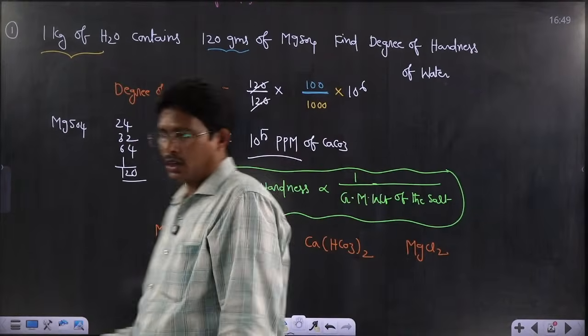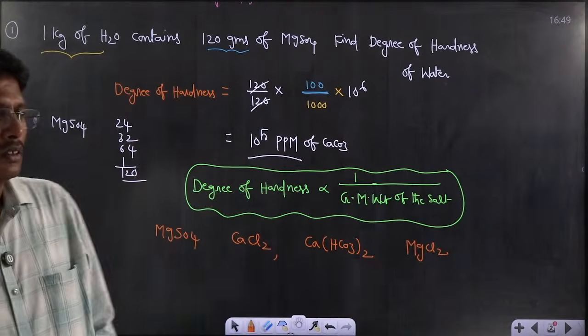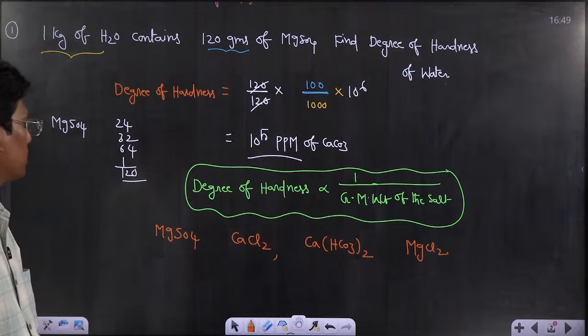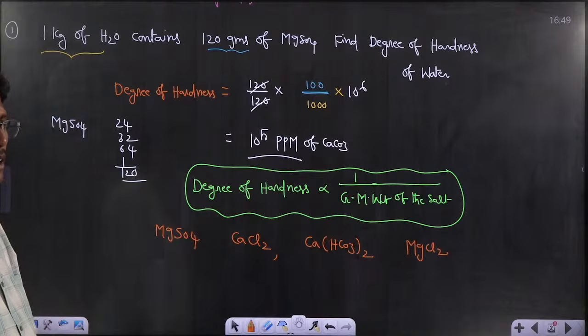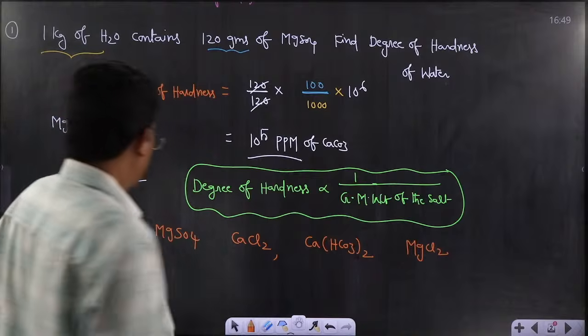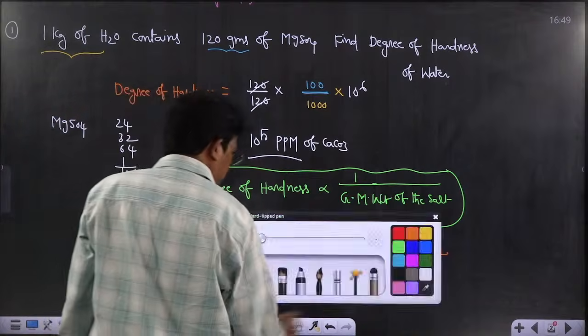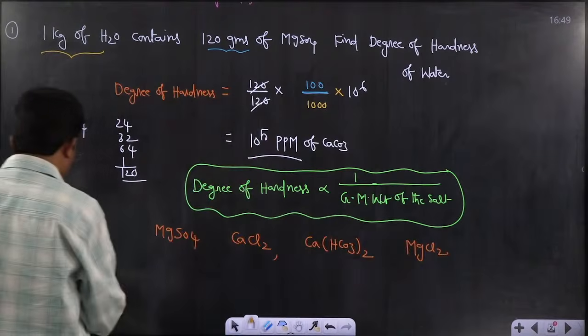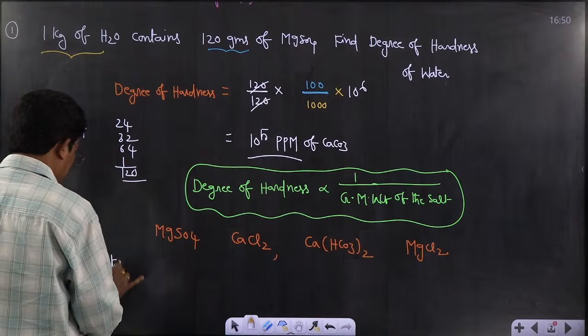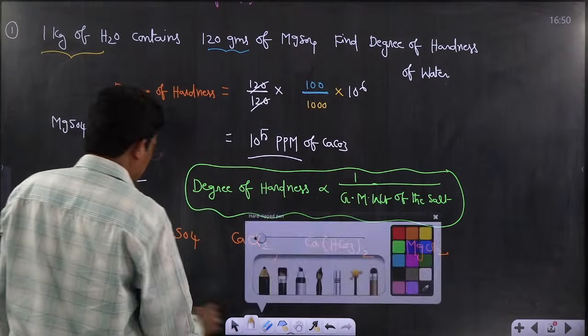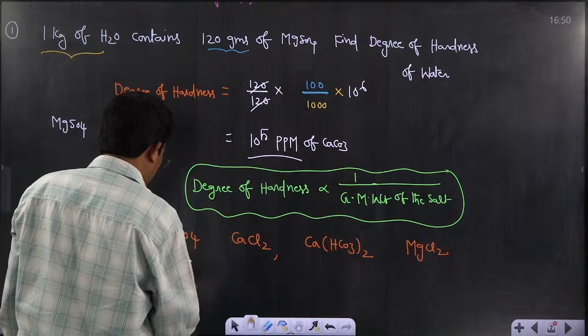Among these four salts, let us observe the molecular weights. For MgSO4, 120.